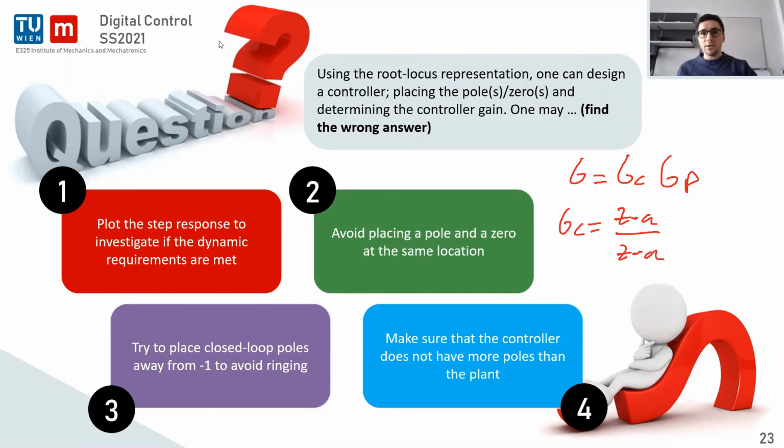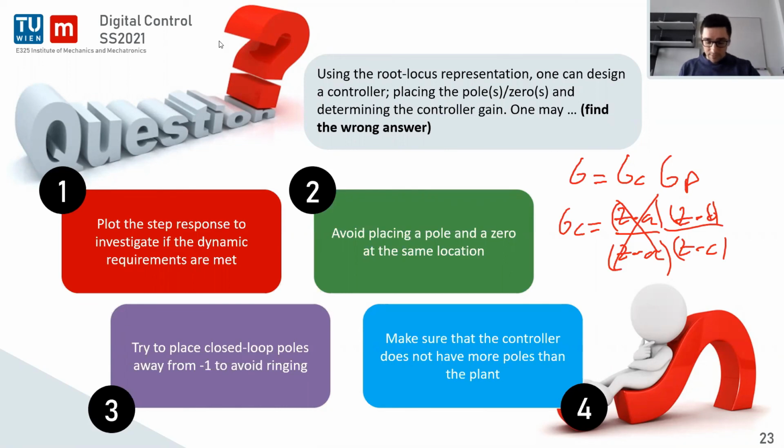The controller here will be more complex because there will be 2 zeros and 2 poles, but having 1 pole at the same location as 1 zero is strictly speaking equivalent to just removing this pole and zero. So it's just increasing the complexity of the controller.